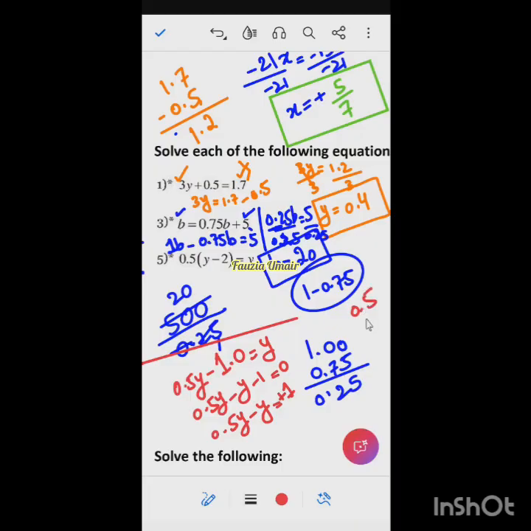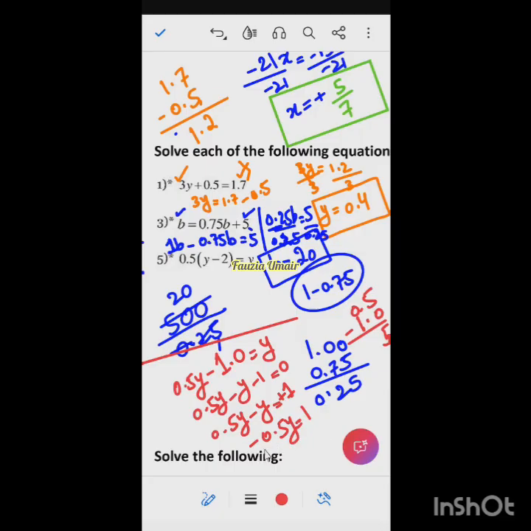0.5 minus 1.0, यानी कि तो ये कितना आता है आपके पास? 5, ये 10 इसको बोरो किए. Like this is minus 1 or plus 0.5. So answer would be minus 0.5y is equal to 1. Now write the coefficient.